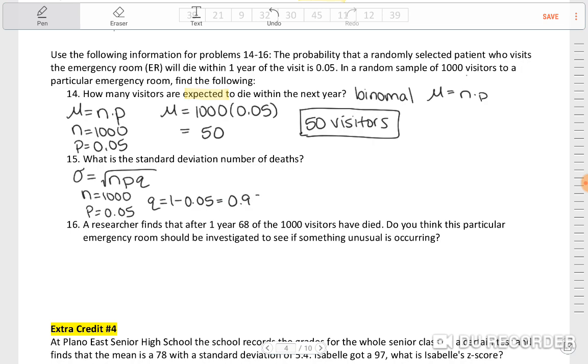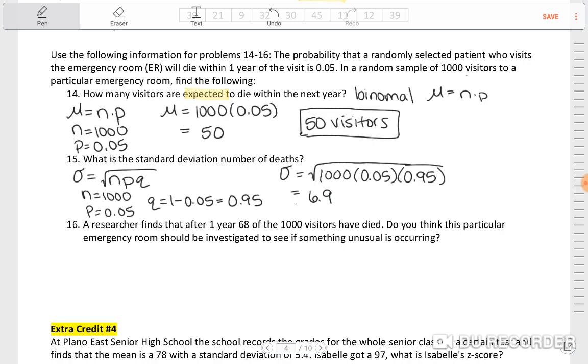So 0.95 is that one. So for my standard deviation, it's the square root of 1,000 times 0.05 times 0.95, which ends up being 6.9.